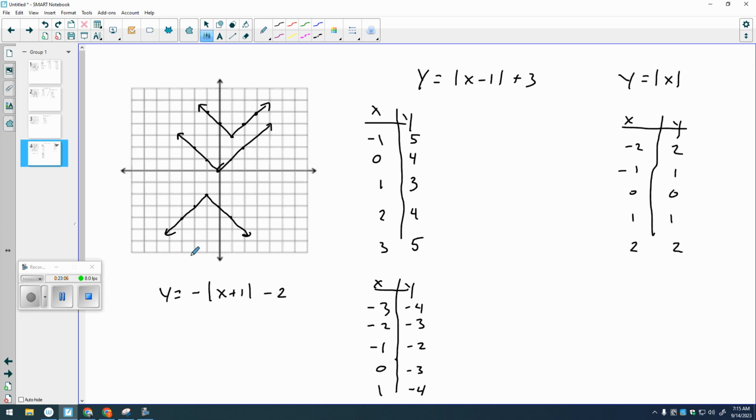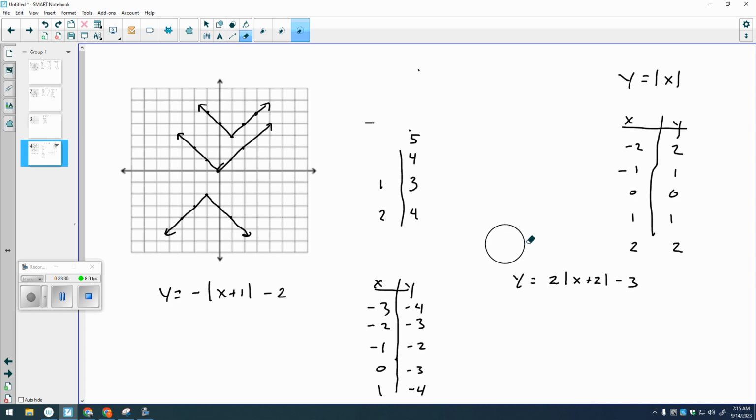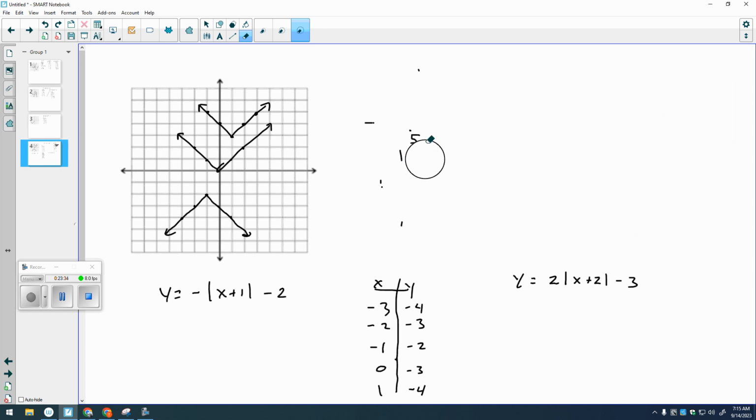Okay, one more. What if we throw a number in front? Go ahead, hit pause, give it a try. Let me give myself some room here.